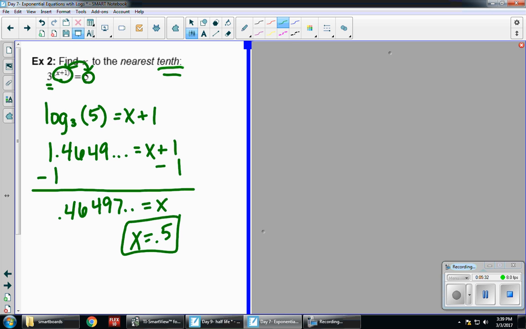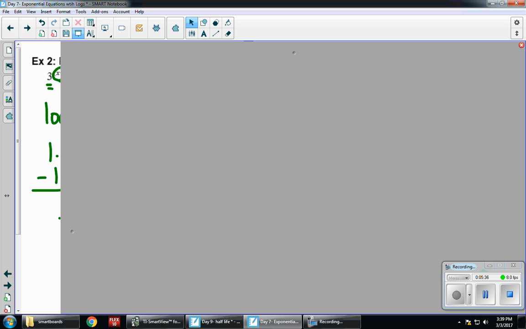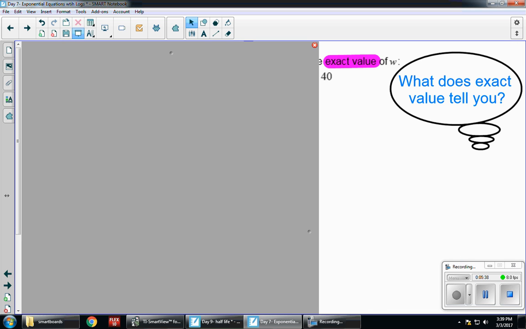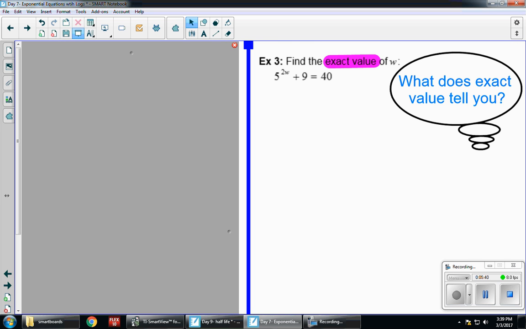Let's take a look at another one. This time it says find the exact value of w. So what does exact value tell me? Don't round, which means leave log in the answer.